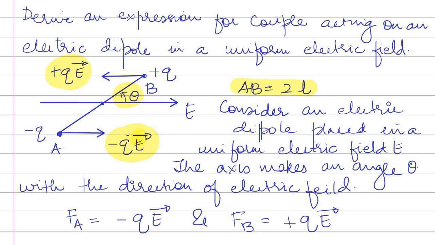Then obviously the force acting on A would be minus QE bar, and force acting on B would be plus QE bar. So FA is equal to minus QE bar and FB is equal to plus QE bar.